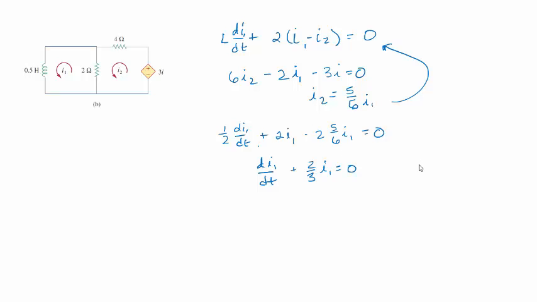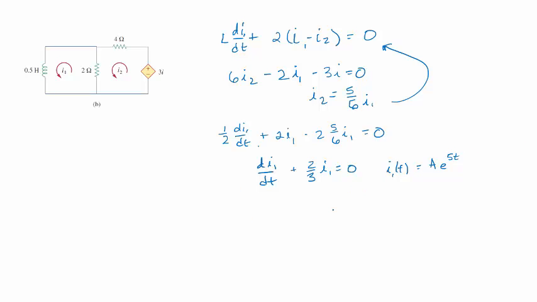We know that the solution is going to have the form I1 of t equals A e to the st. We can substitute that back into that equation. That's not a 5, that's an s.